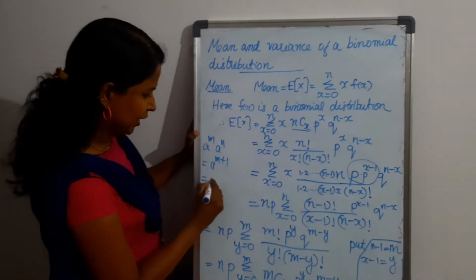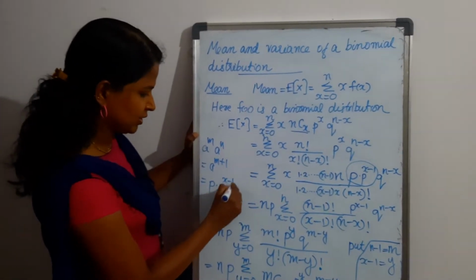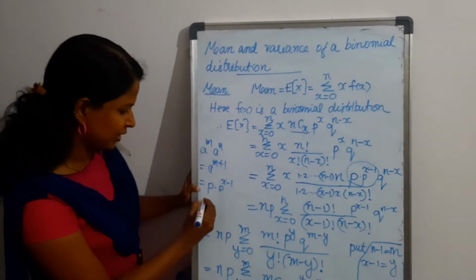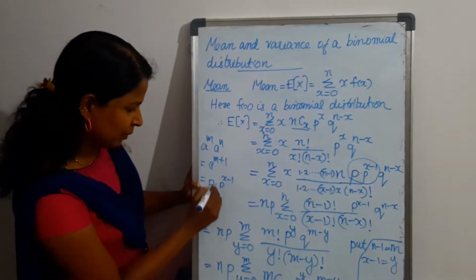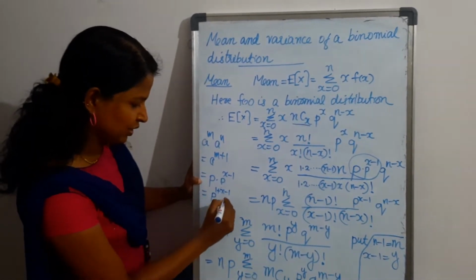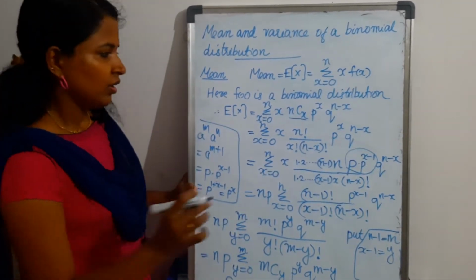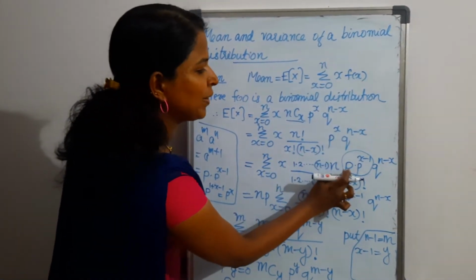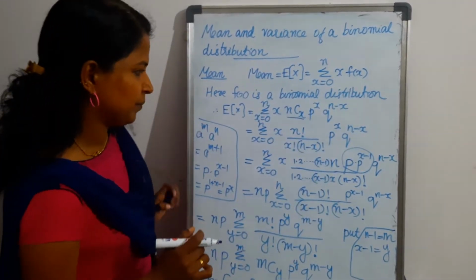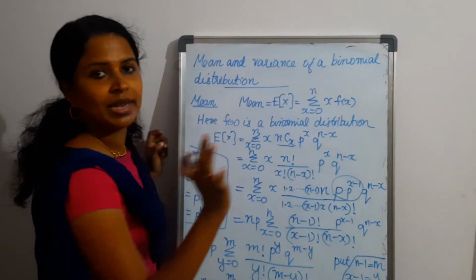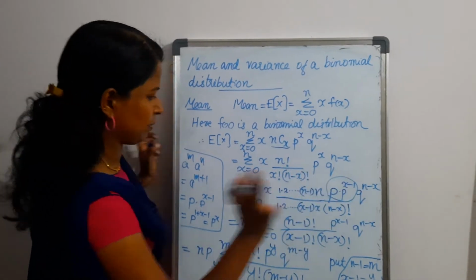So p into p raised to x minus 1 is p raised to 1 plus x minus 1, that is p raised to x. Then q raised to n minus x.